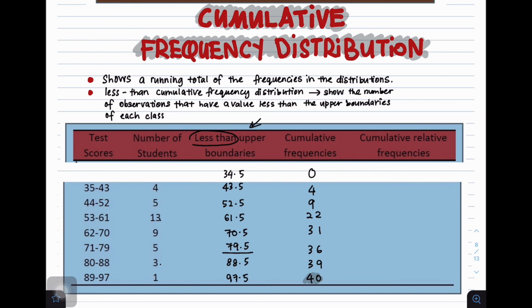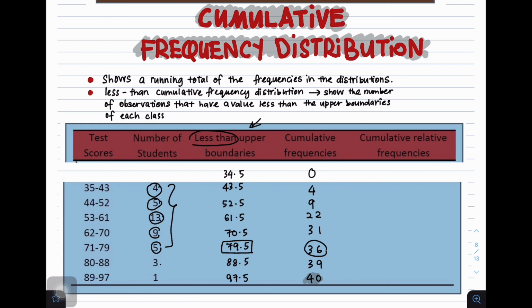So data yang kurang daripada 79.5 maksudnya 79.5 ke bawah ada ni 5. Yang ini pun kurang. Yang ini pun kurang. So if you don't have the cumulative frequency, you need to sum all this. But because we already have the cumulative frequency, if I ask you what is the frequency for the data that is less than 75.9, you can directly see the cumulative frequency, which is 36 data. Okay, so this is called a cumulative frequency.